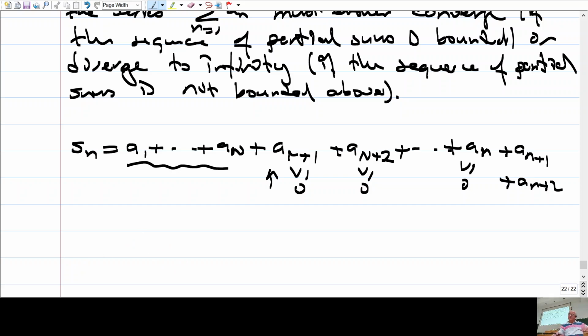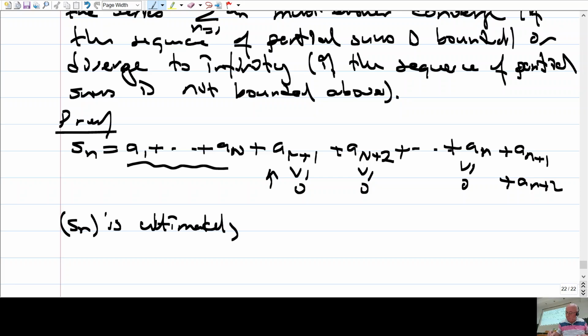And when you have an increasing sequence, then two things might happen. If it is bounded from above, it will be convergent. If it is not bounded from above, then of course it means it is going to plus infinity, right? And this is exactly what the theorem is telling us.